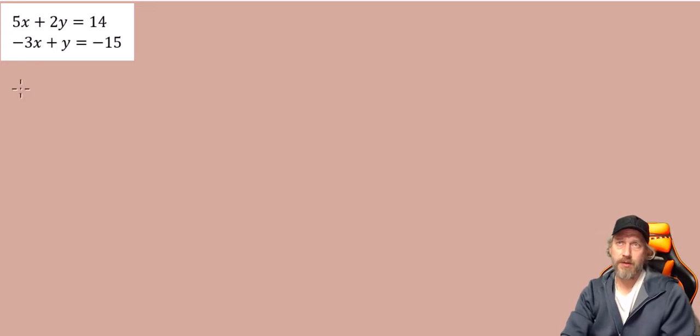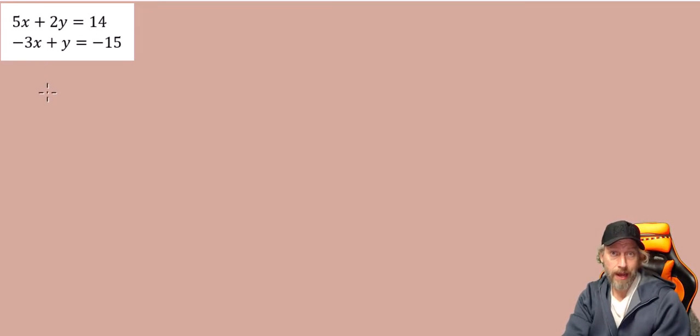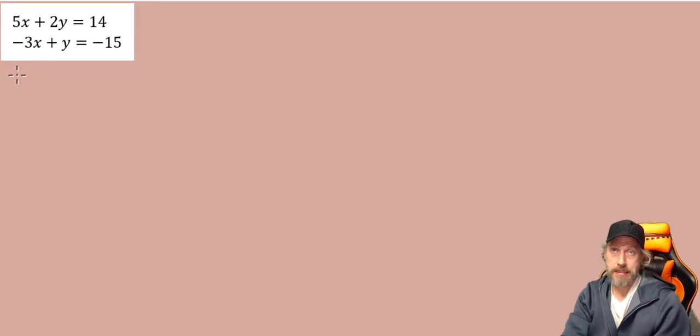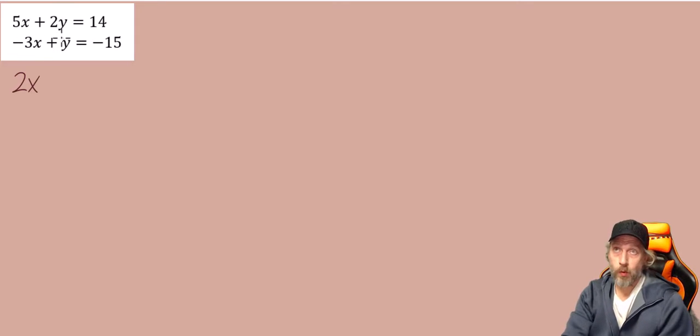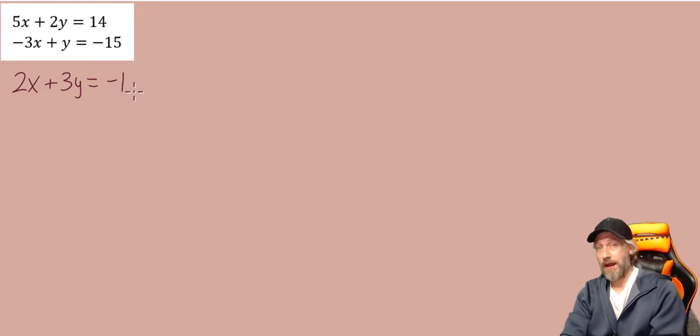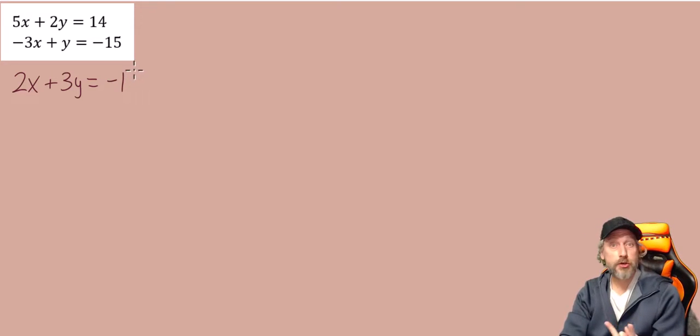If we tried to add the equations together right now, we would see 5x plus negative 3x equals 2x, and 2y plus y equals 3y. And then on the right side, 14 plus negative 15 equals negative 1. We'd have one equation with two variables, which we cannot solve and get a number answer for one of those variables.